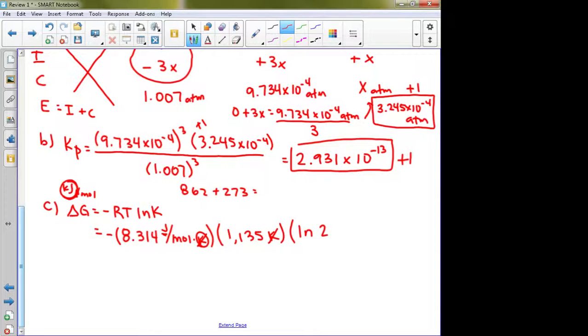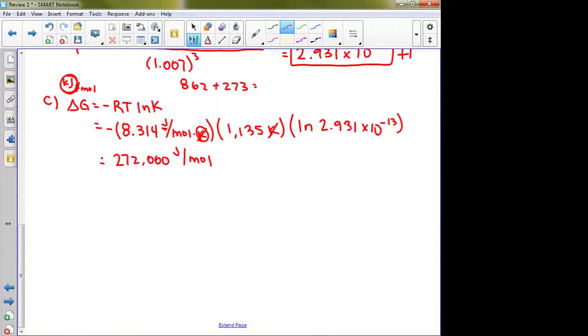Times the natural log of 2.931 times 10 to the negative 13th. If I put all of that in my calculator, I would have gotten 272,000 joules per mole. Do we all see that's joules? But what do I like my delta G to be in? Kilojoules. So I come back and say that's 272 kilojoules.